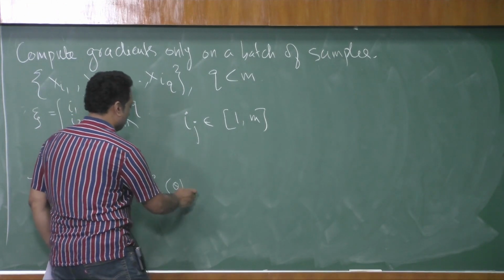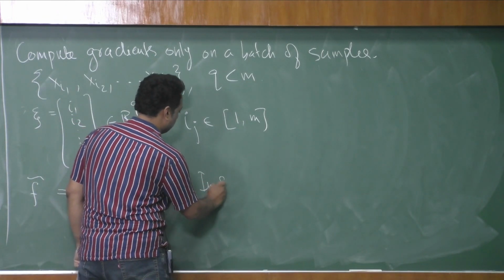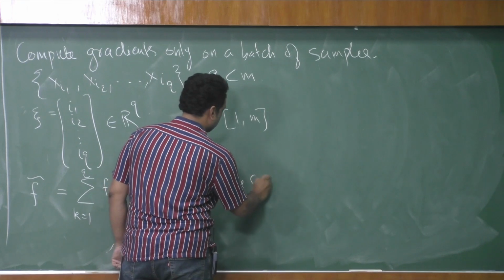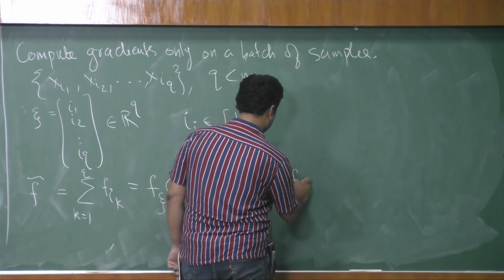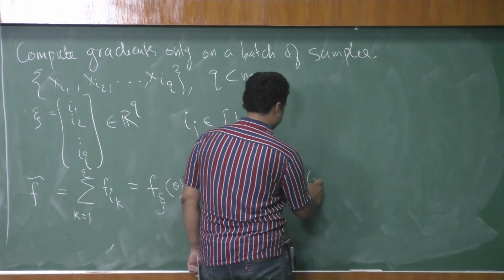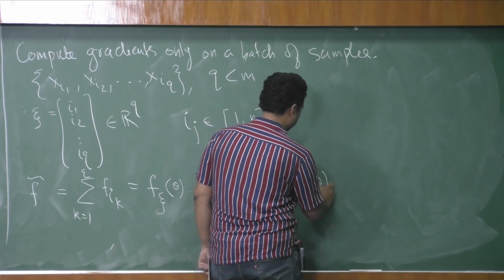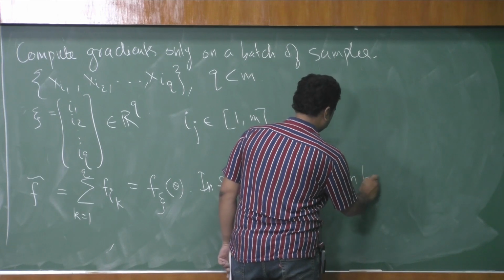Okay, so in some cases f of xi, theta can be non-smooth.